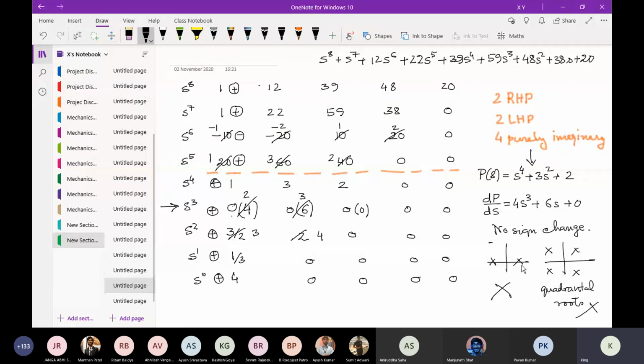This is one possibility which is ruled out, because the Routh part corresponding to the even polynomial has no sign change. So this is ruled out. This is also ruled out because no sign change. So the only thing that remains is this possibility, and in this case it's actually this.